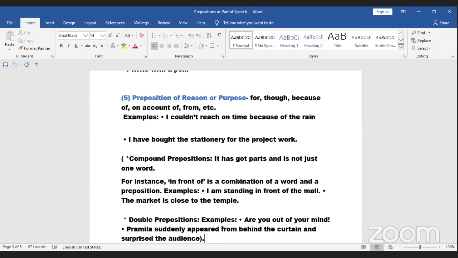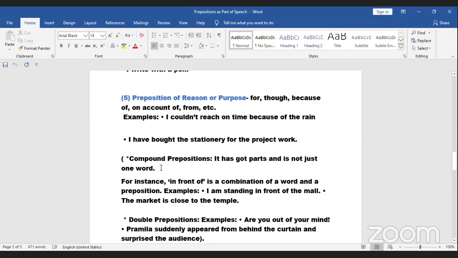I was telling you he is leaving for America, he is going for his success. So all those things, when I talk about destination or goal, that is there for. Besides its use as a preposition of purpose, it is also there.